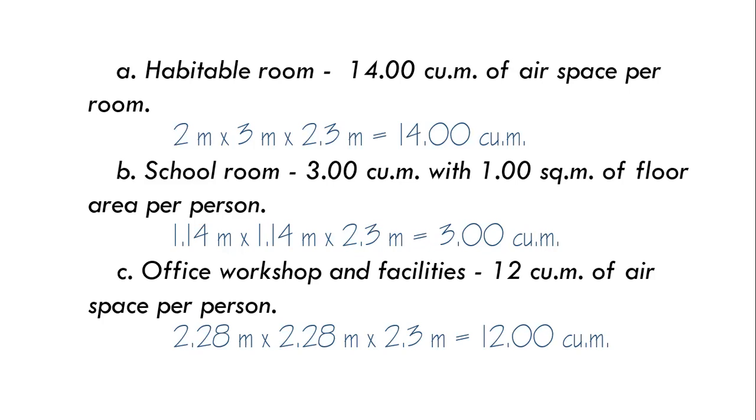For the office, it requires 12 cubic meters of airspace per person. That is 2.2 meters by 2.2 by 2.3, equals 12 cubic meters. You can always go above this.